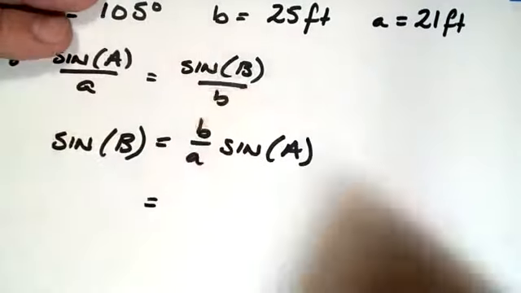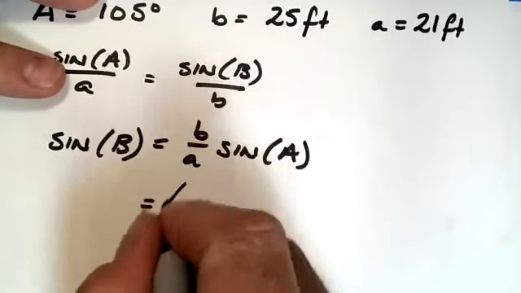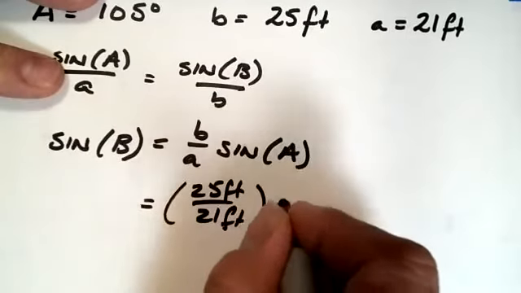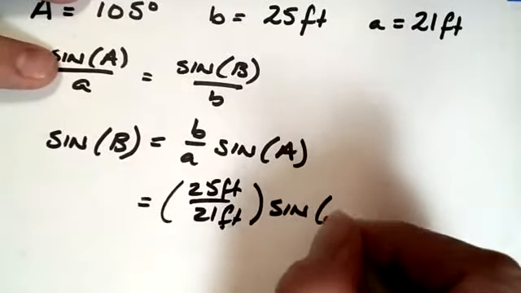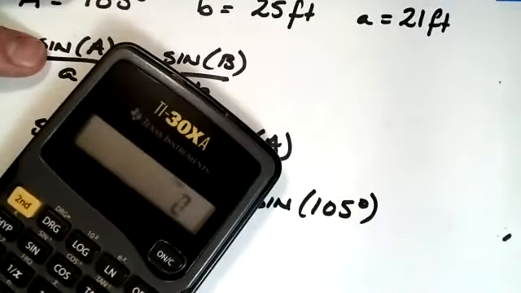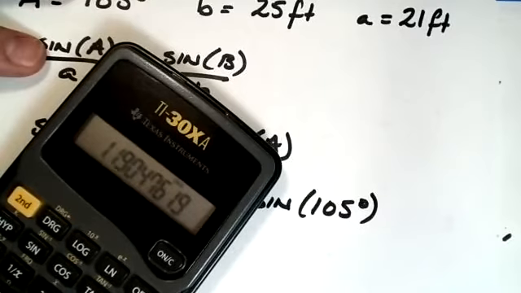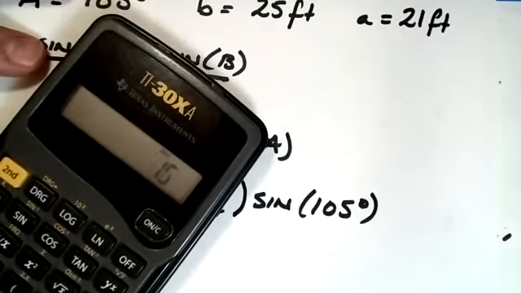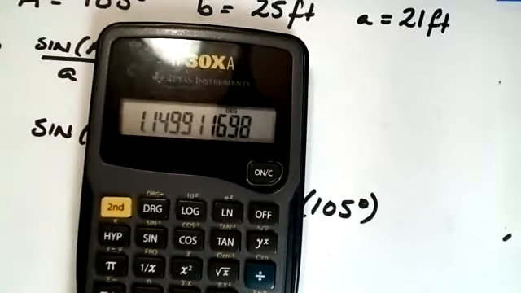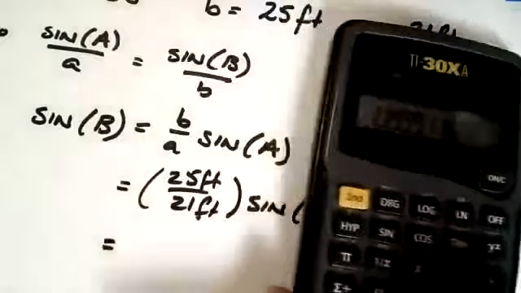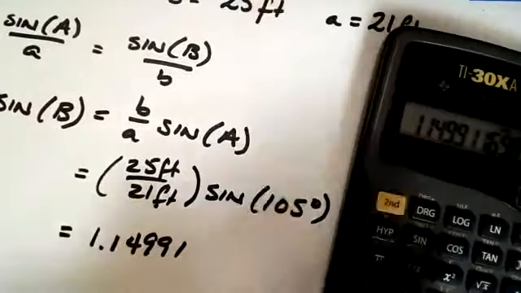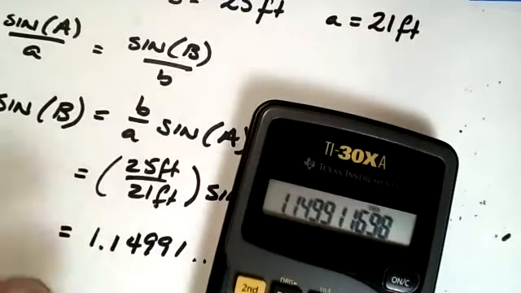If we take b, which is 25 over 21 times the sine of 105 degrees, notice we get a number that's larger than 1. So we've got that this is equal to 1.14991, etc. Why is that a problem?